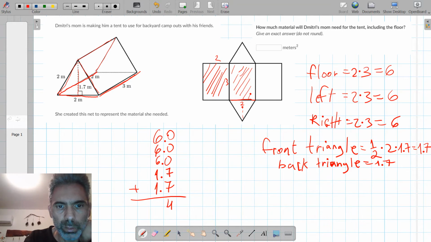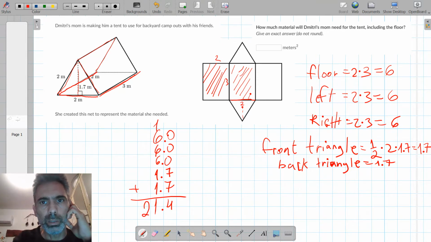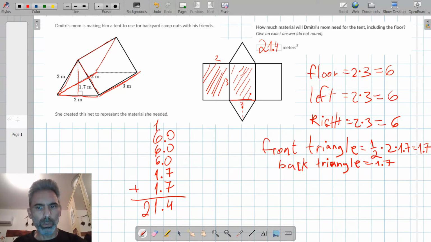Don't forget the decimal point. 1 plus 6 is 7, 7 plus 6 is 13, 13 plus 6 is 19, 19 plus 1 is 20, 20 plus 1 is 21. So the entire surface is 21.4.